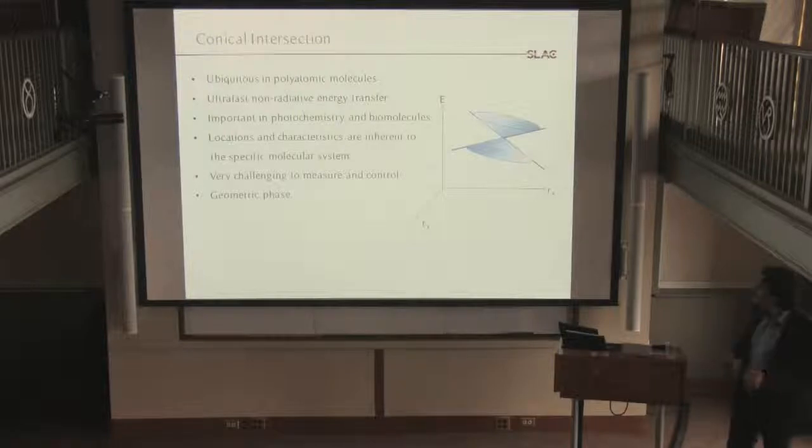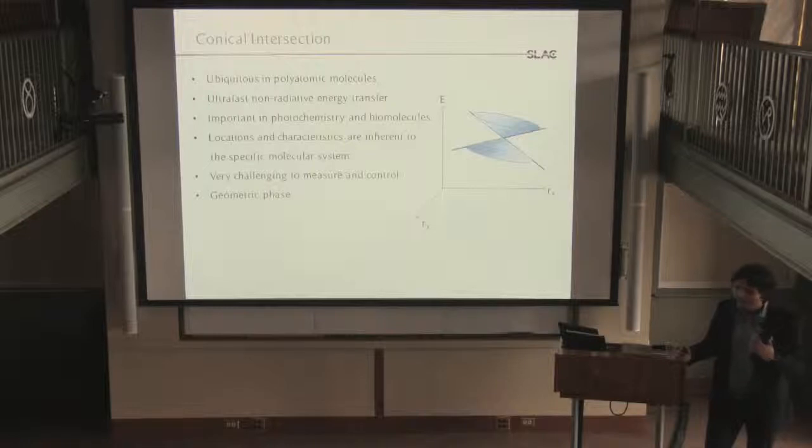That's been challenging. Another thing that needs to be mentioned is that these are topologically interesting creatures, which brings the existence of a geometric phase into play. Now, we can go and discuss this in detail, but I'm sure people understand what I'm saying when I just mention the geometric phase.